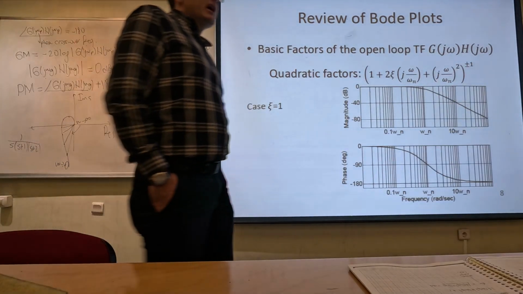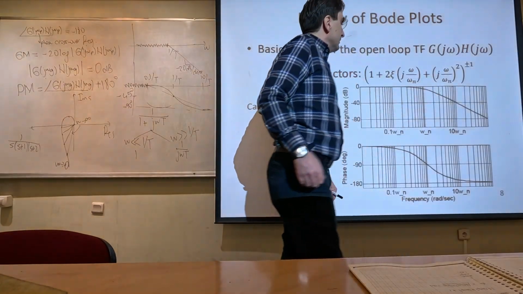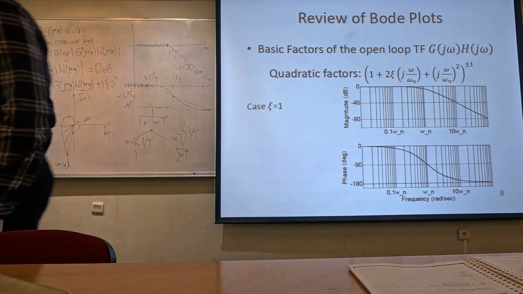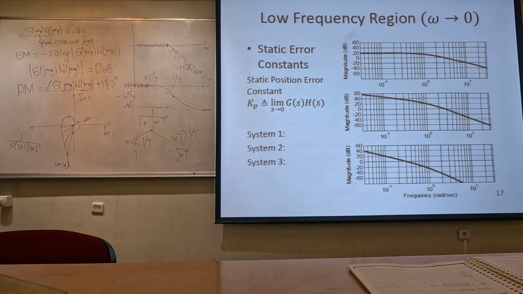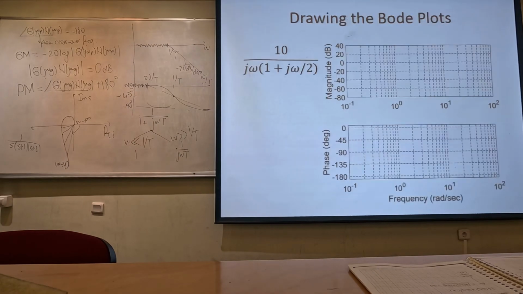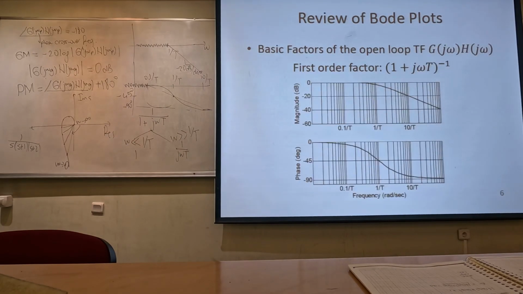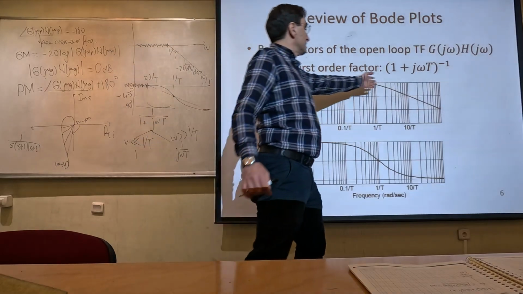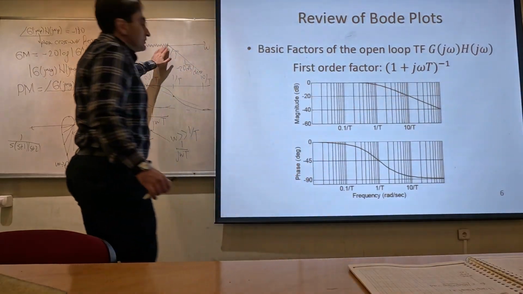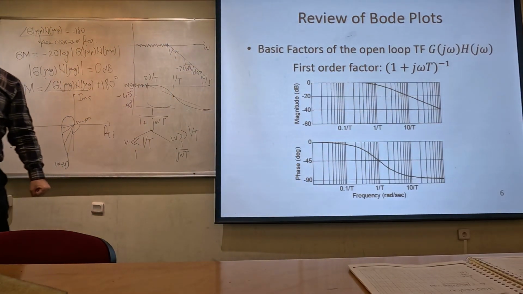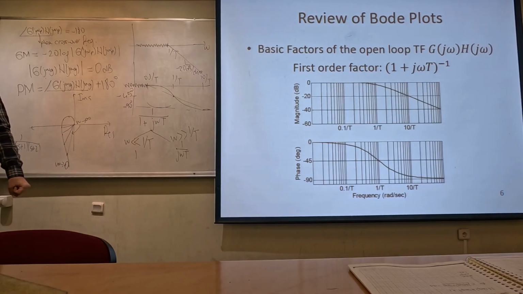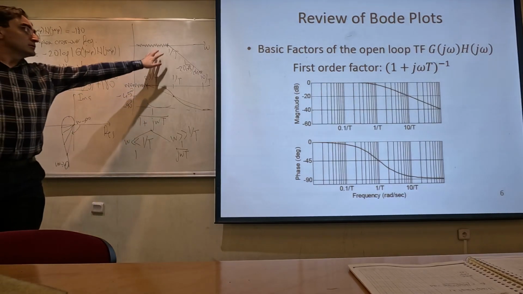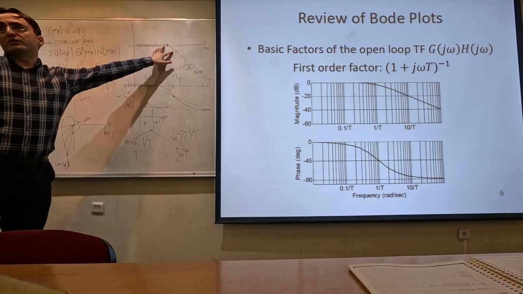And when we look at the second order terms, again there are these differences. So here, for this first order factor, what is different in this Bode plot compared to this one, which is the asymptotic one? Where are the differences? Just before 1 over t. Yes, around this 1 over t, there will be differences.